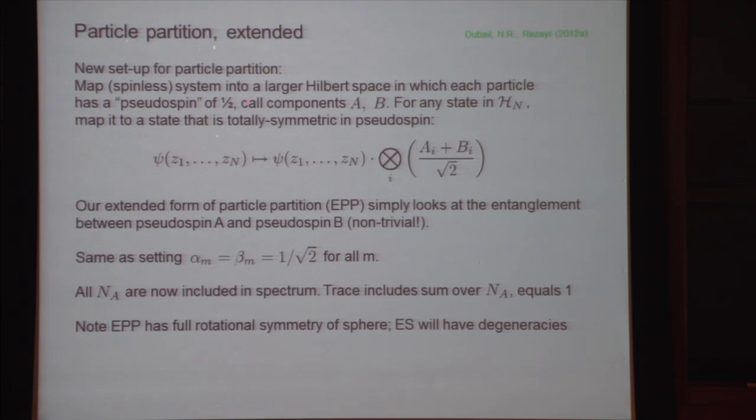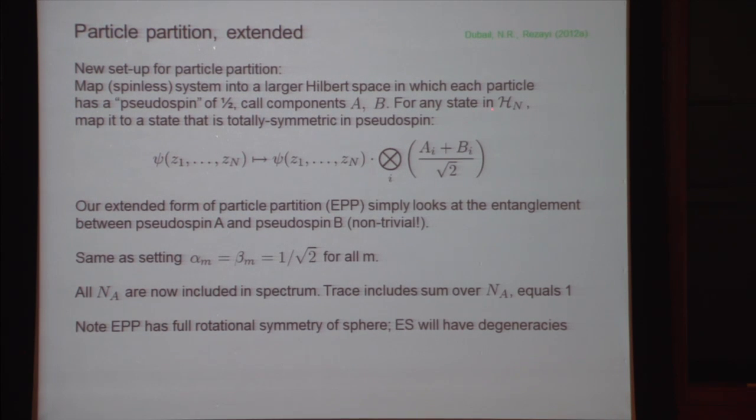So here's how I more formally define particle partition, our way of doing it. One way to think of this is that we're going to first take our system of spinless particles, and we're now going to add to the system an additional pseudo-spin degree of freedom, and instead of up and down, I will suggestively call the components A and B. So those are the two spin components.